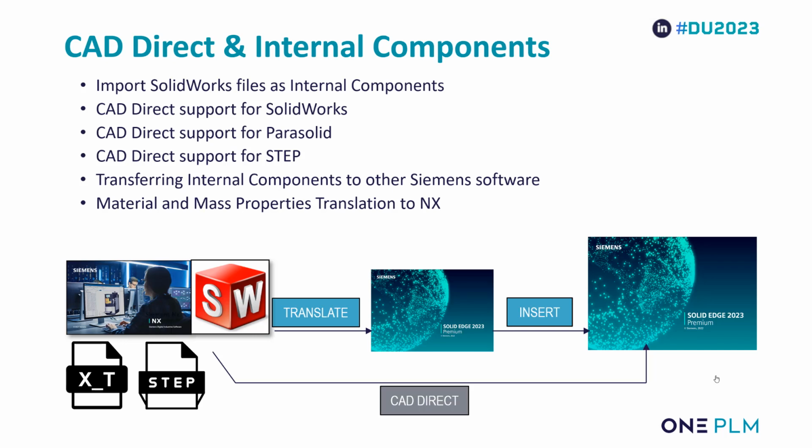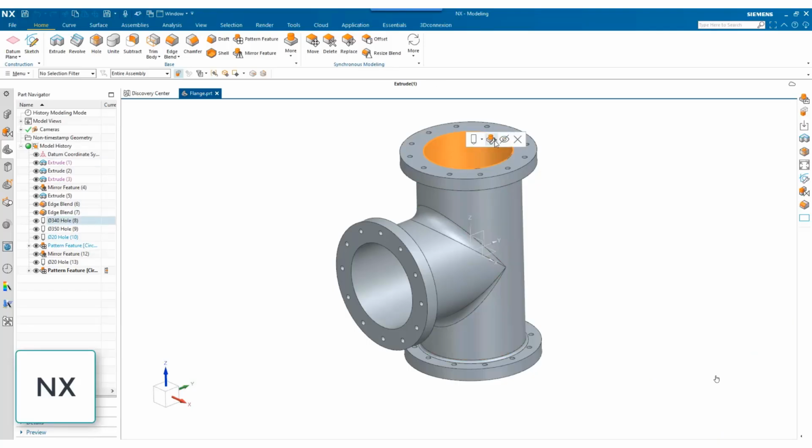So we can do this for SolidWorks, Parasolid, Step. Other ones will be coming in the future, but we'll let you know as and when those come out. This is useful for transferring internal components to other Siemens software, and we can have our mass material properties come through with this at the same time as well.